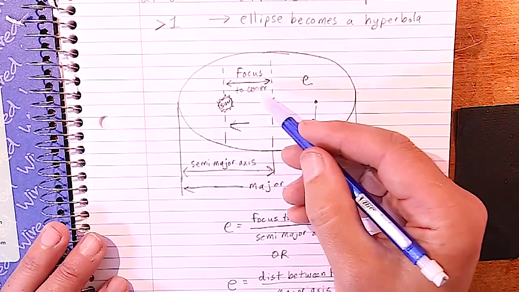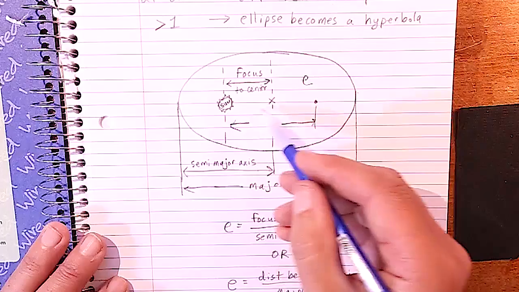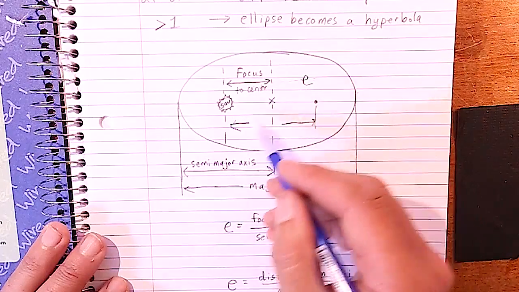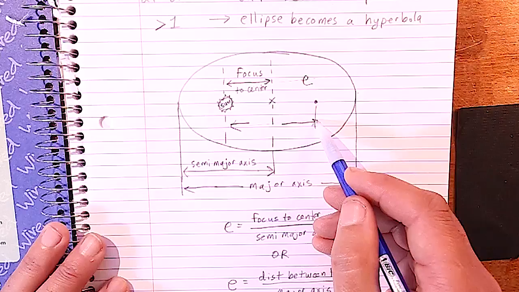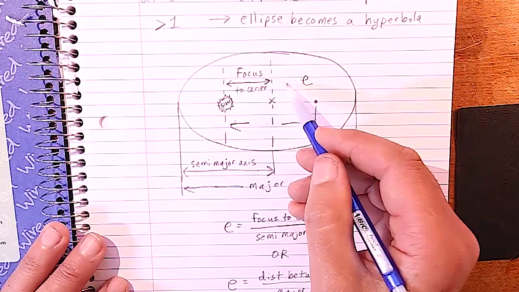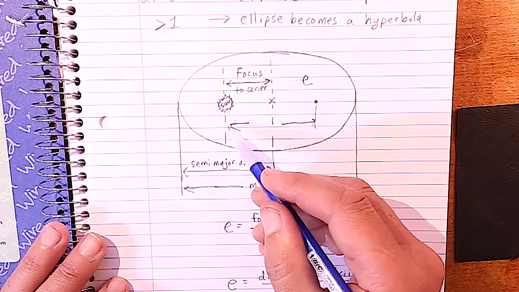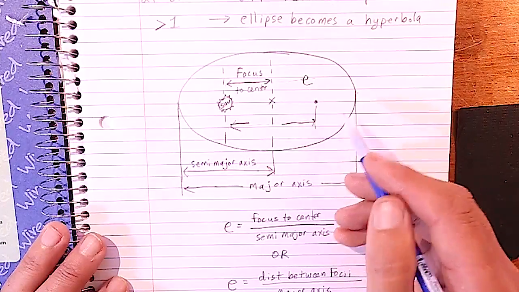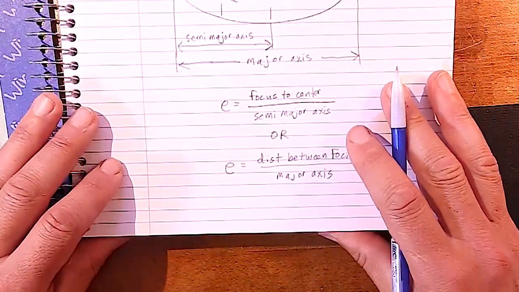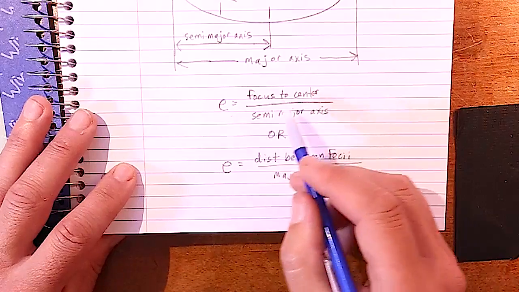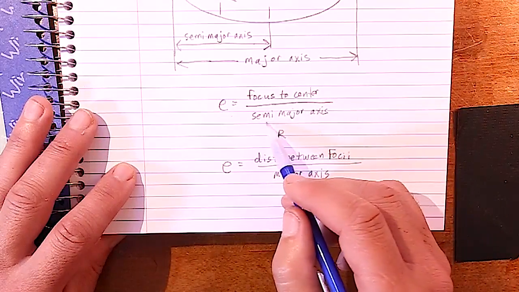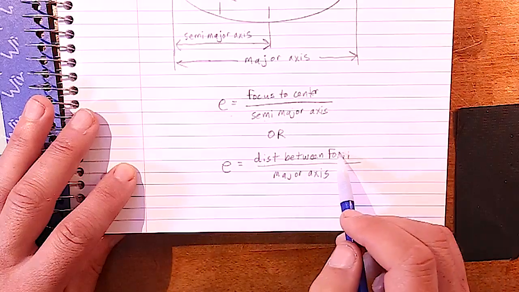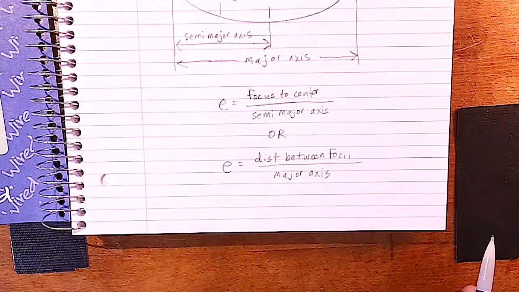Because this ratio is the same when doubled, between foci and from one side of the ellipse to the other, we can say that the eccentricity is equal to the focus to the center divided by the semi-major axis, or the distance between foci divided by the major axis.